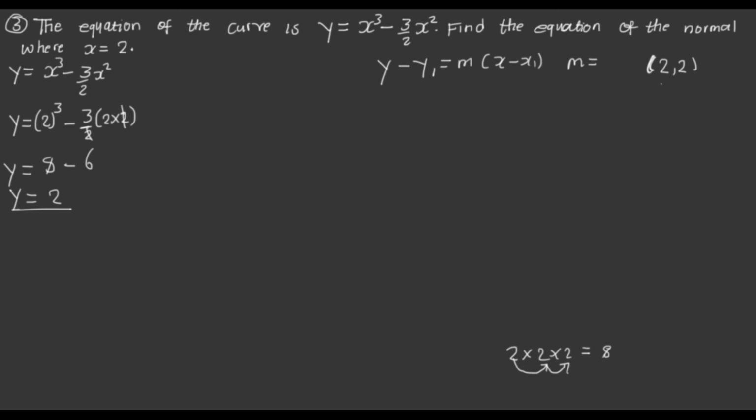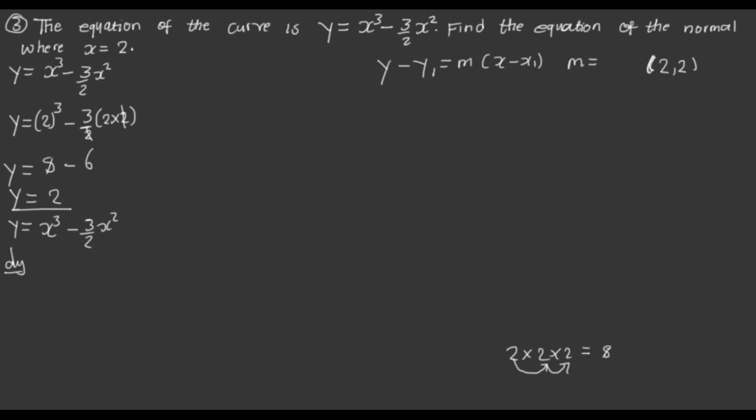Okay, after finding the y coordinate, let's now find the gradient of the curve by differentiating our equation. So we have y is equal to x to the power 3 minus 3 over 2 x squared. So what do you think is the derivative of x raised to the power 3?